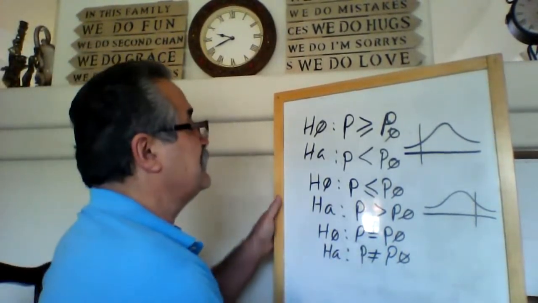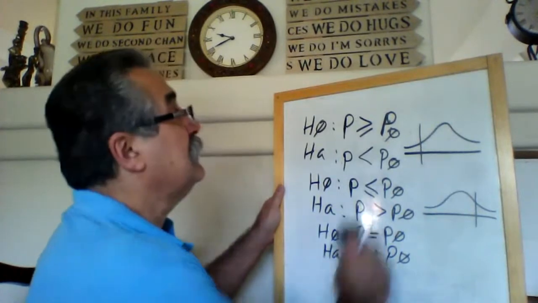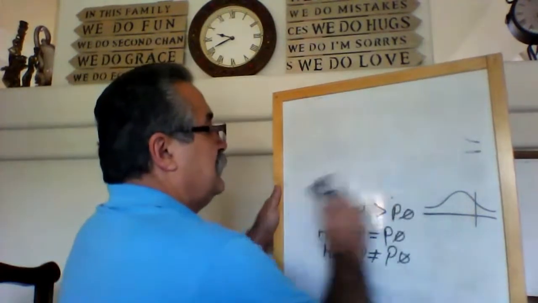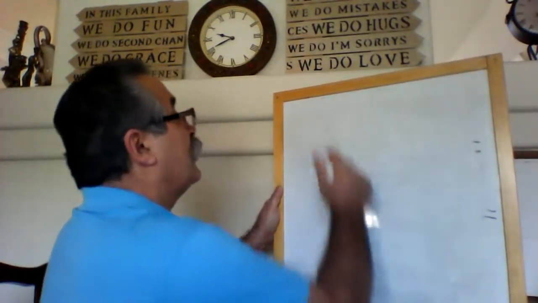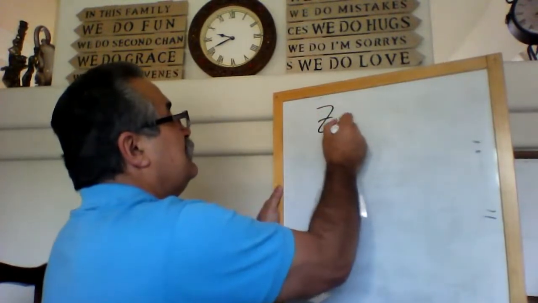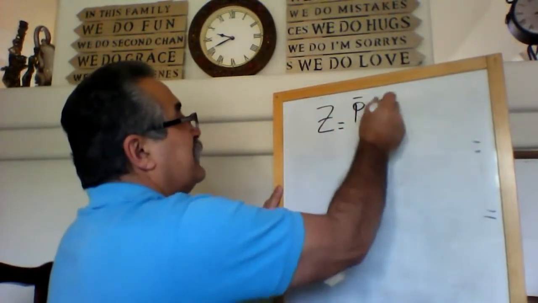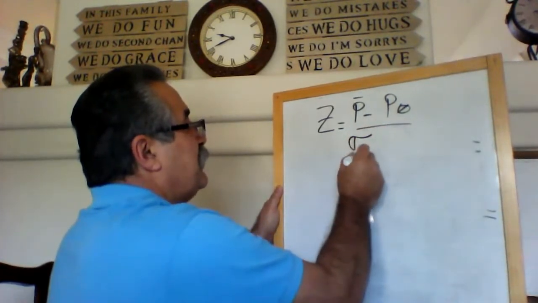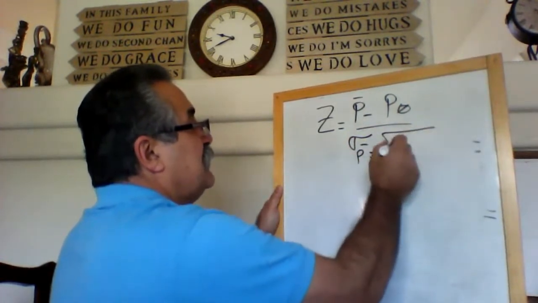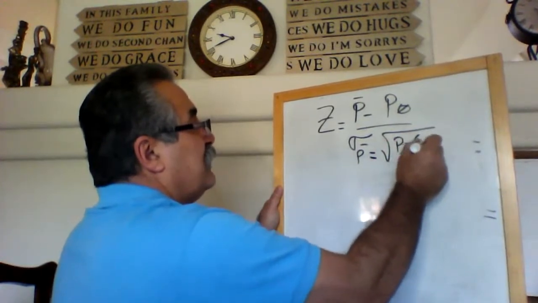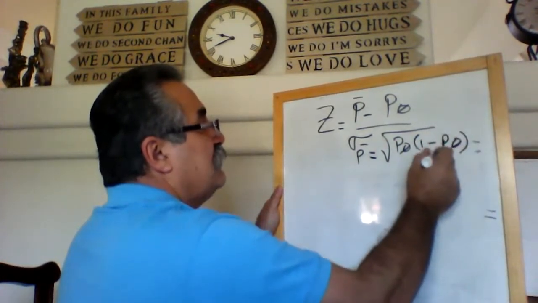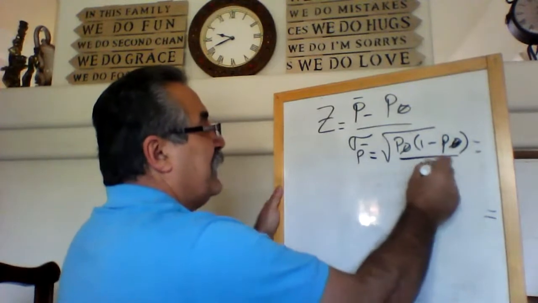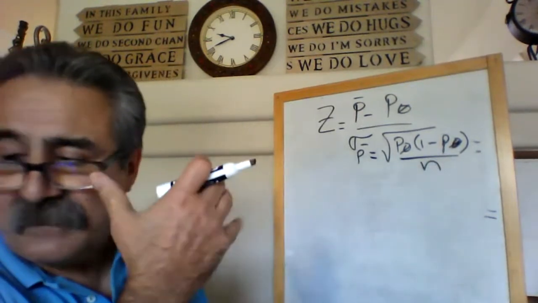And here is our formula. Z is equal to p bar minus p sub 0 divided by sigma sub p bar, which is equal to the square root of p sub 0 times 1 minus p sub 0, divided by n.